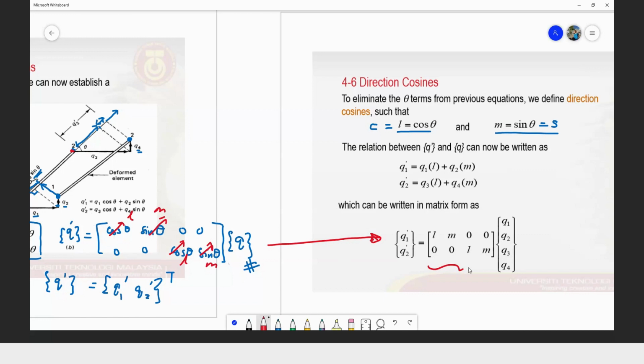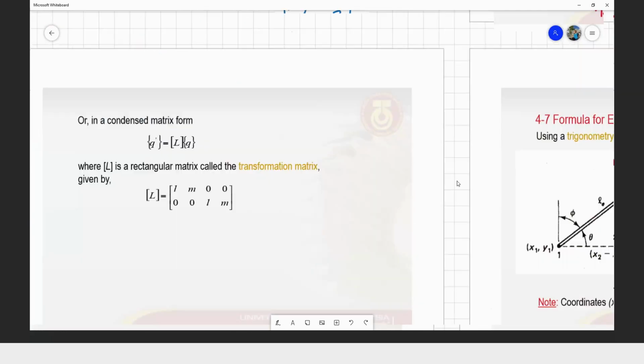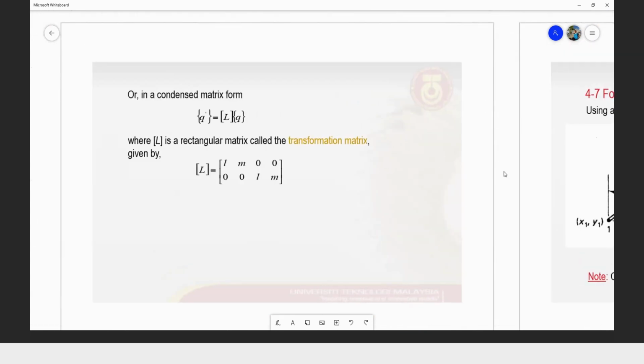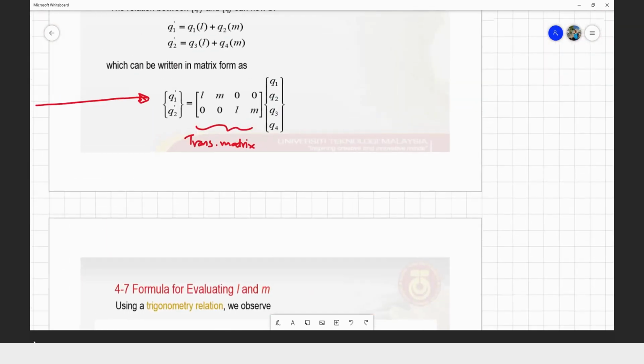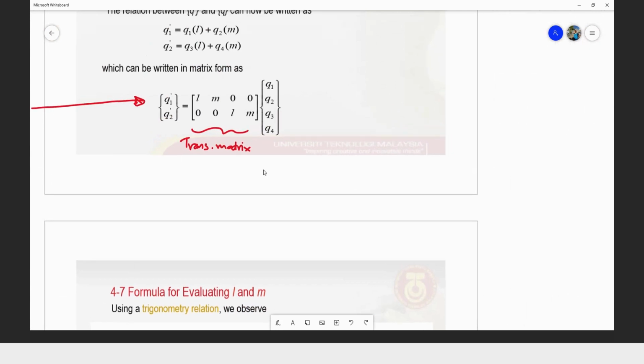So this is the transformation matrix between the local and the global coordinate systems. You all must understand this, because we will use it in several other places later. This matrix, the transformation matrix, is often called the L matrix, capital L.